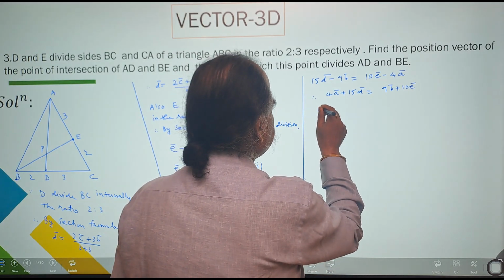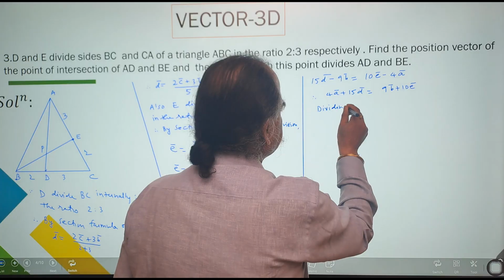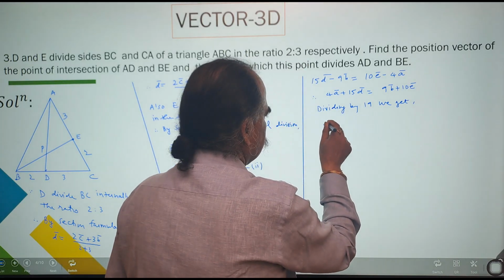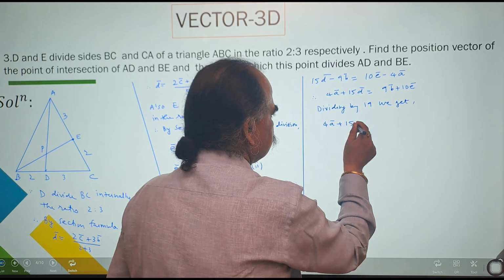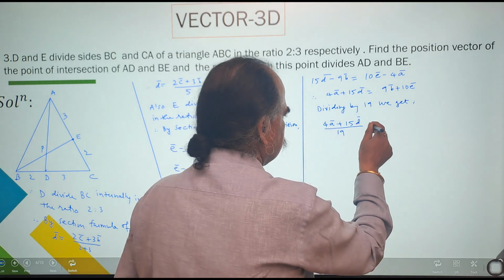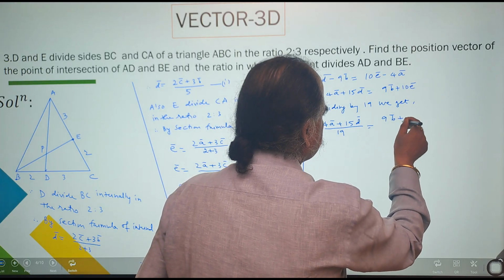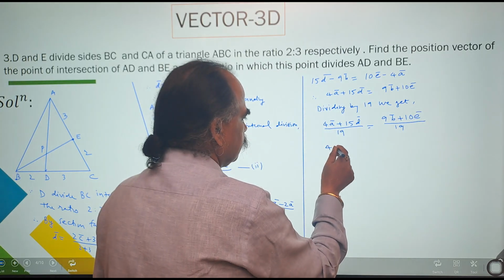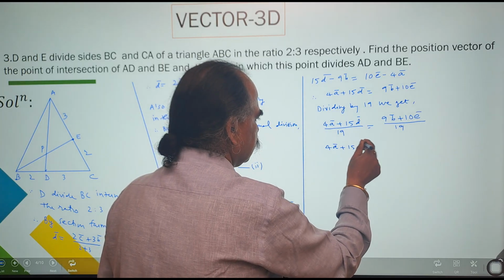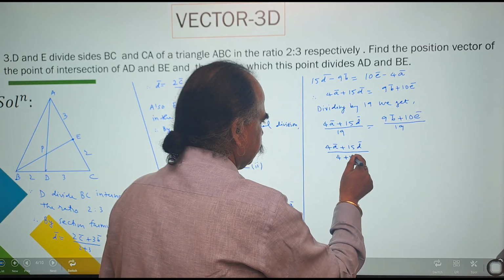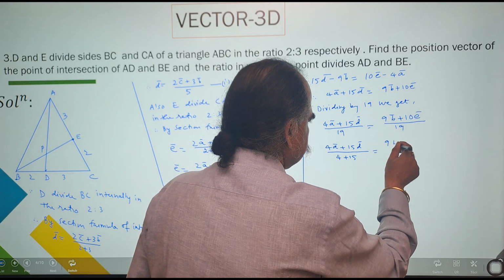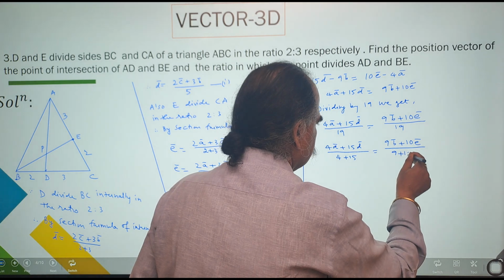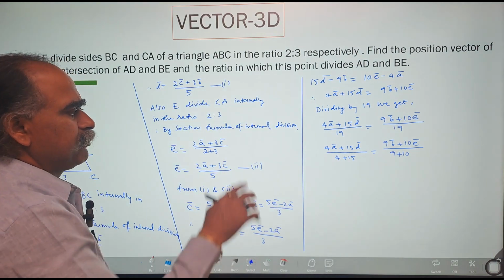So dividing by 19 we get 4A bar plus 15D bar upon 4 plus 15 equals 9B bar plus 10E bar upon 9 plus 10. Now both the vectors are equal.